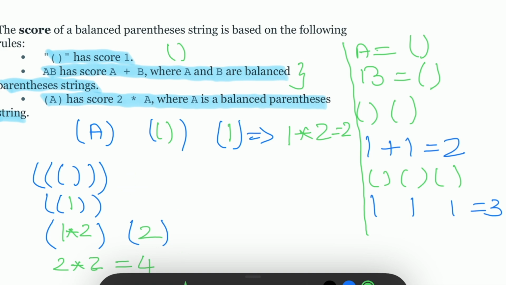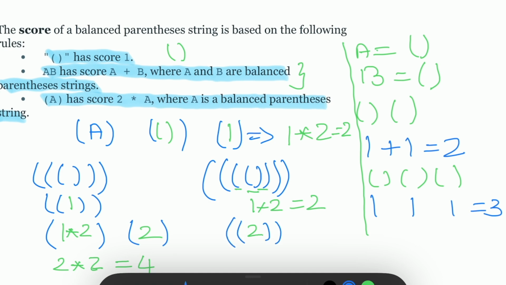Now let's look into another example. So we have 4 nested parentheses. So 3 and next is 4. So for this one, for this it will be 1, and when we calculate for the first nested parenthesis, then it would become 1 into 2, which is 2, and we are left with two outer parentheses.